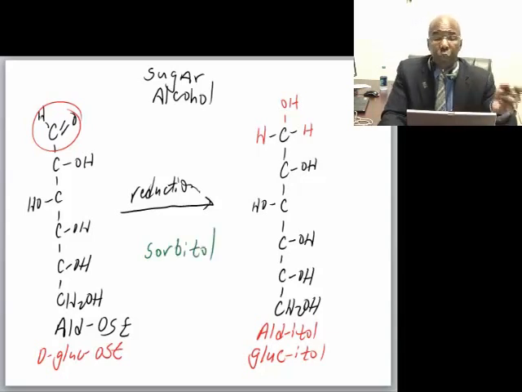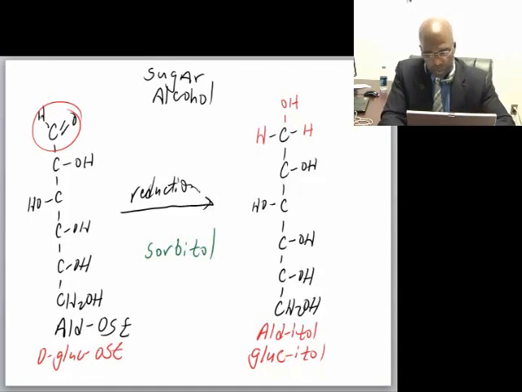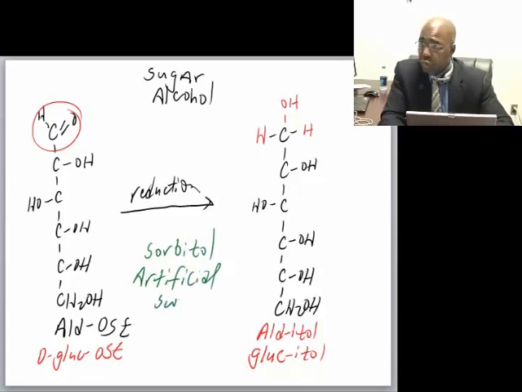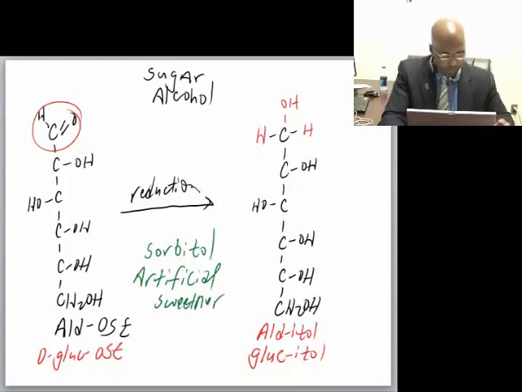Sorbitol is an artificial sweetener, and it's used as a substitute for a lot of sweet products. So it's an artificial sweetener, sorbitol.